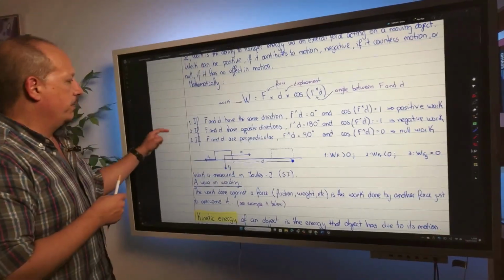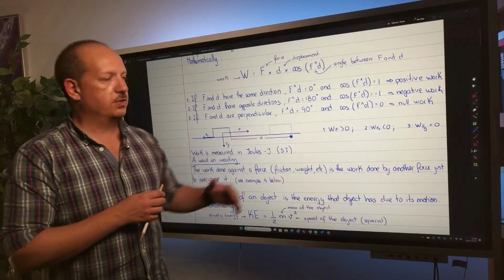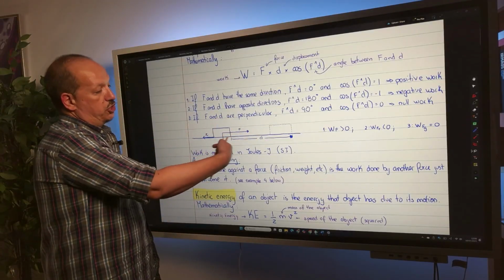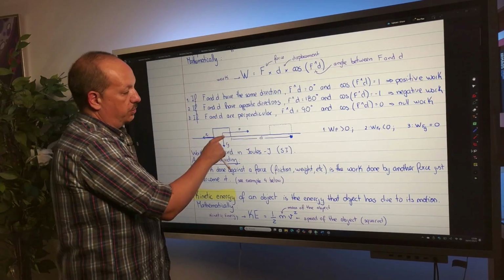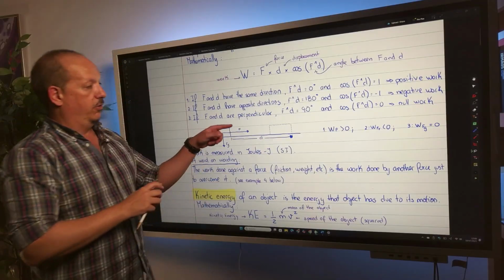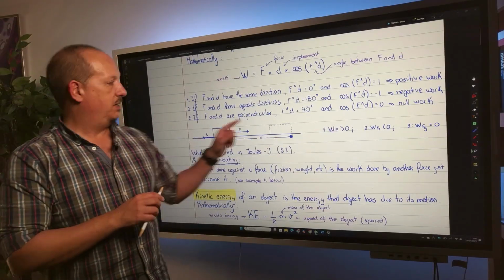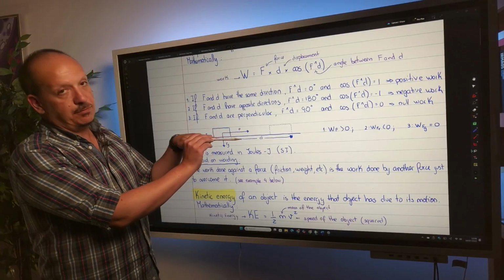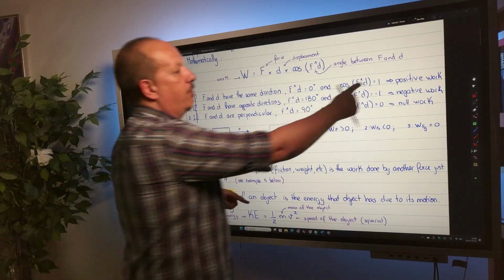Let's see an example. A box moving along a horizontal surface. You have a force that way, you have the friction this way, you have the weight. The object moves indeed from here to here, so this is the displacement. The work done by force F is positive because the force and the displacement have the same direction. The angle is 0, which means that you have positive work.